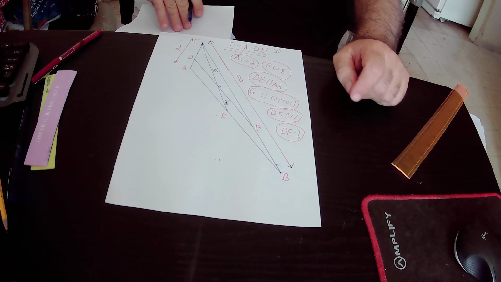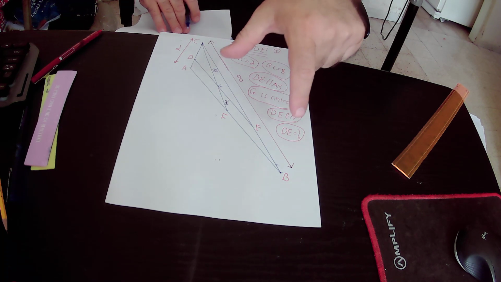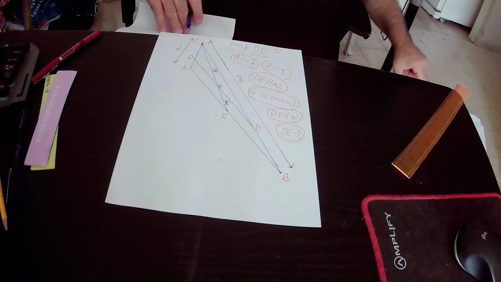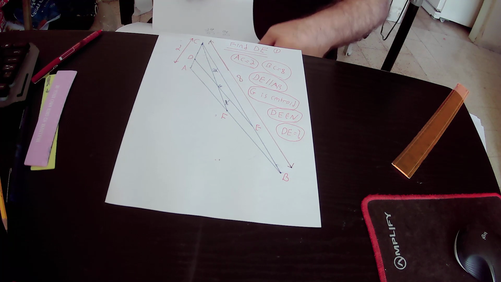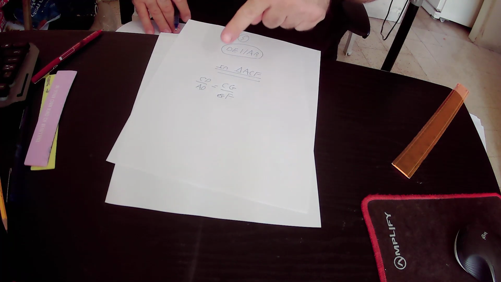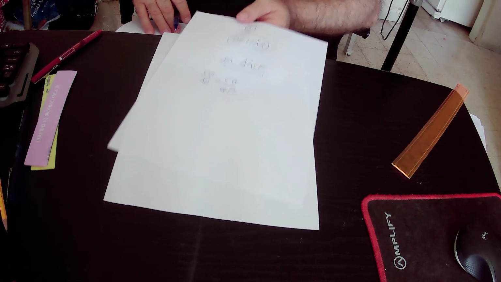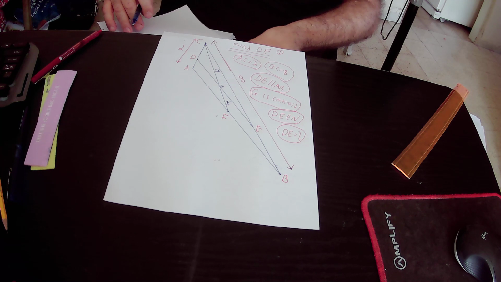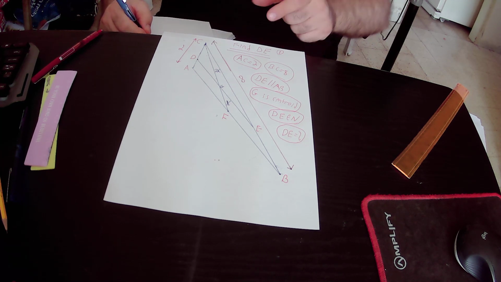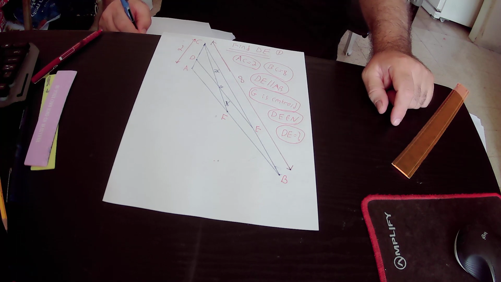Again, in triangle ACF, because DE is parallel to AB, according to the rule that I mentioned, the following relationship is true: CD over AD will be equal to CG over GF. Okay? But what is the value of CG? CG equals 2x.